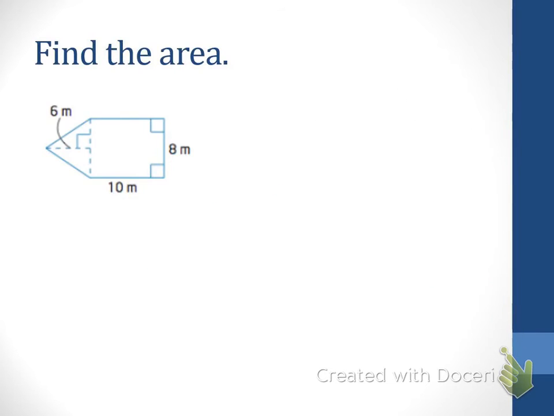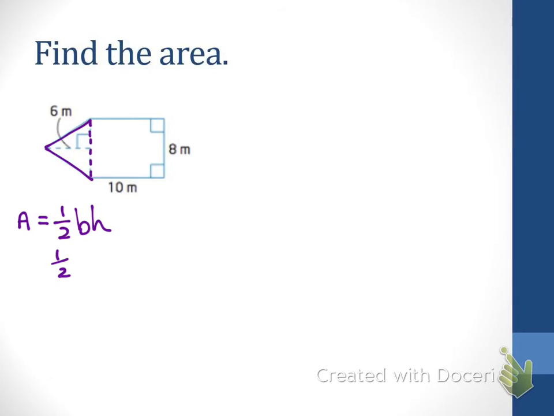Next one. So how many shapes do we have here? 2. We're going to find the area of both, and then what are we going to do with the areas? Add them together. So I'll start with the triangle, because why not? How do you find the area of a triangle? Half base times height. So don't let your eyes deceive you. It is crooked. It's sideways.